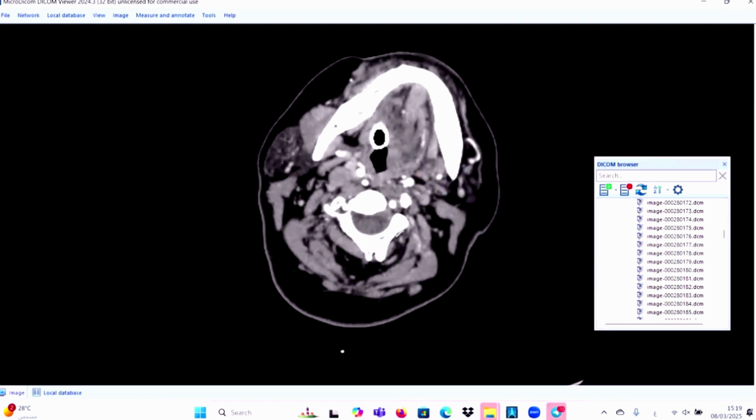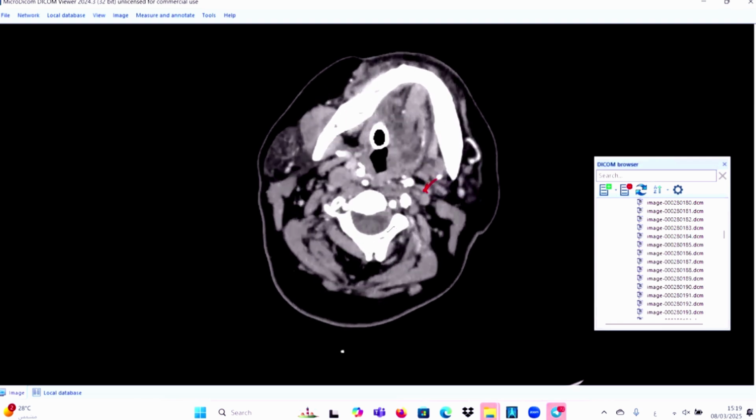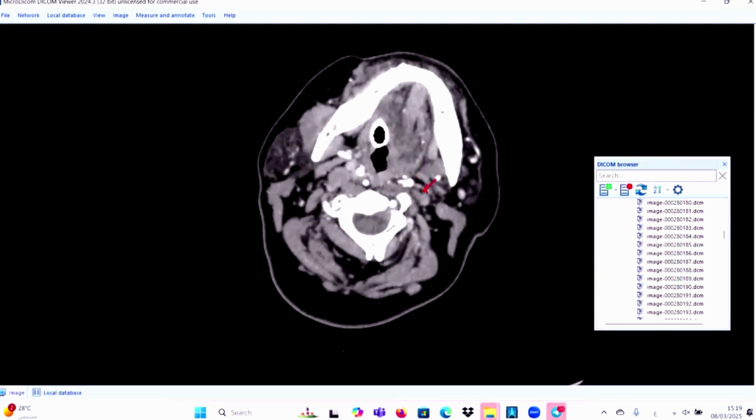As you see, there is an abrupt occlusion of the internal carotid artery shortly after its origin. This is the patent segment, and it shows abrupt occlusion, while the external carotid artery is still patent. Let's trace this occluded segment.